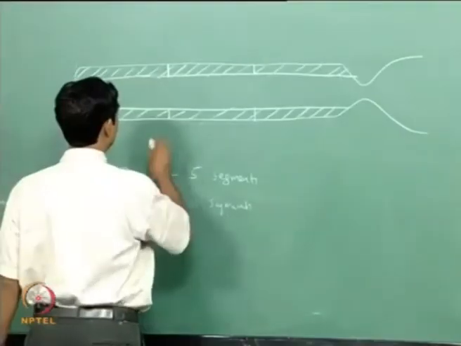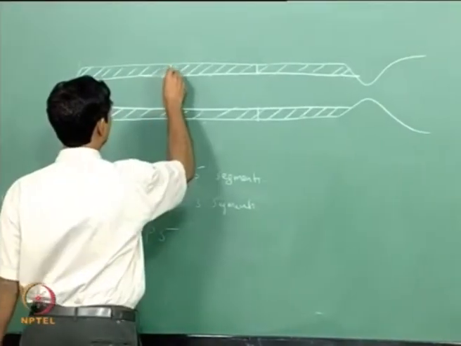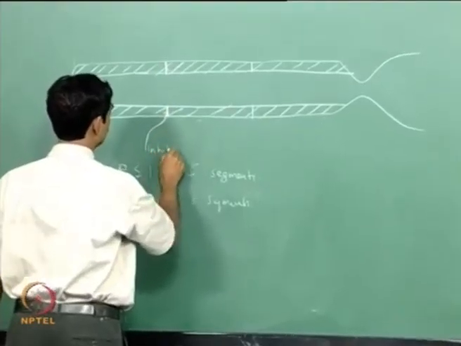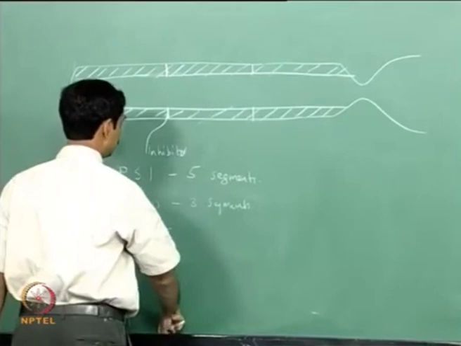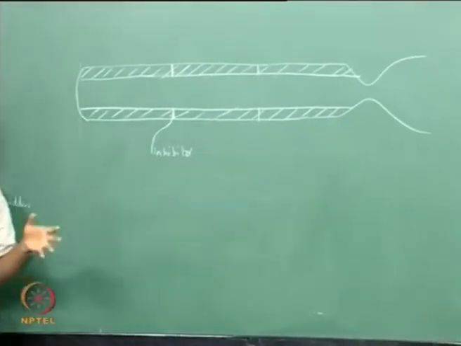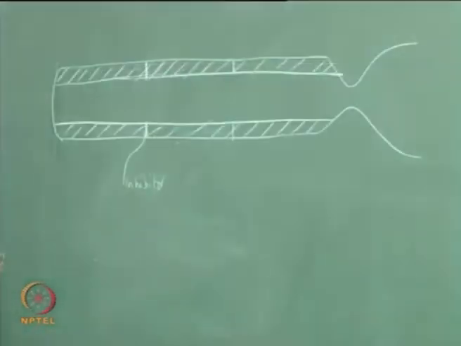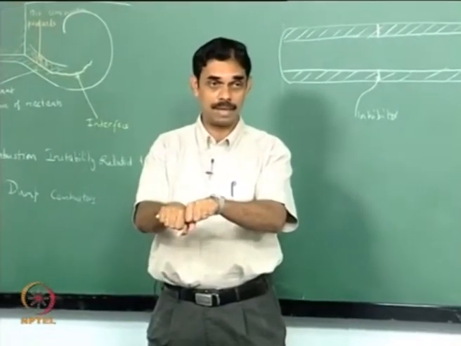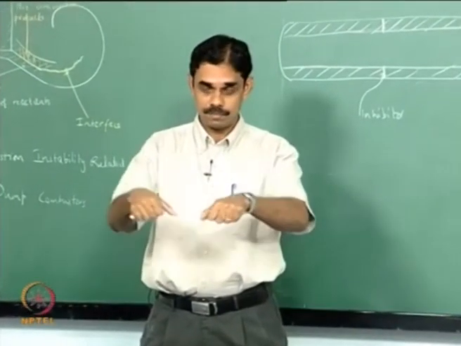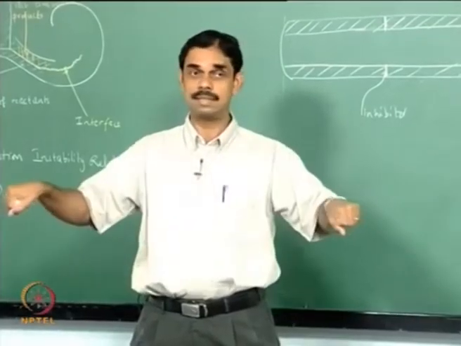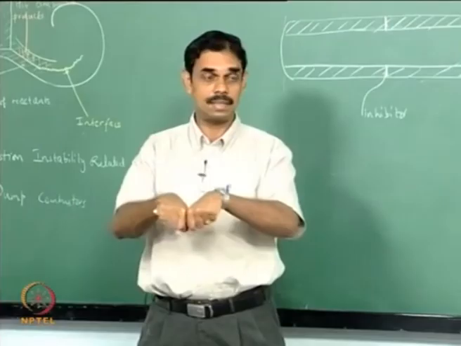So what they do is, between the segments you have what is called the inhibitor. This is some material which will burn slowly or inhibits the burning. Otherwise what will happen is you can never fit something which is really perfect. There will be some gap, and then the propellant will start burning from the side, and there will be a sudden increase in flow rate.